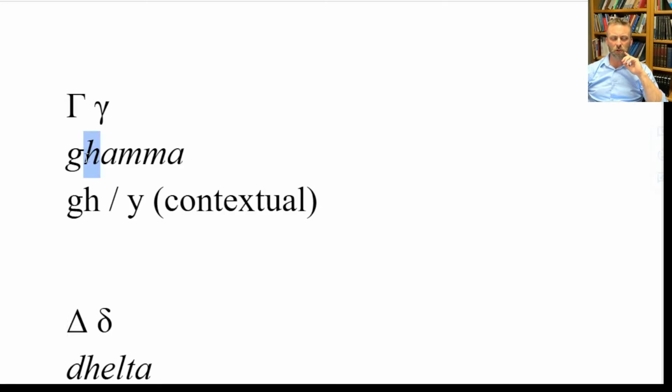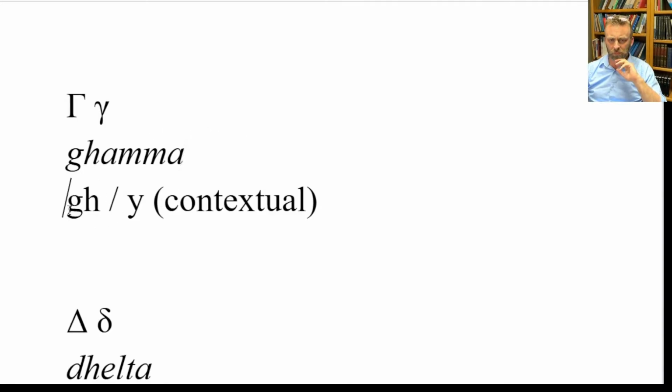I chose to do it with GH instead of just a G. Most people who've studied biblical Greek will see it listed as gamma. Even in science, we talk about gamma rays, right? So we're not learning to pronounce Greek like we learned in our math classes and science classes, though. All right. So I represent it here with the GH.